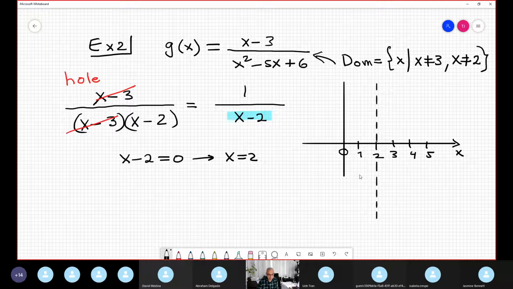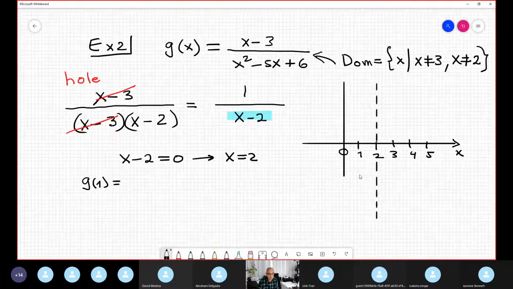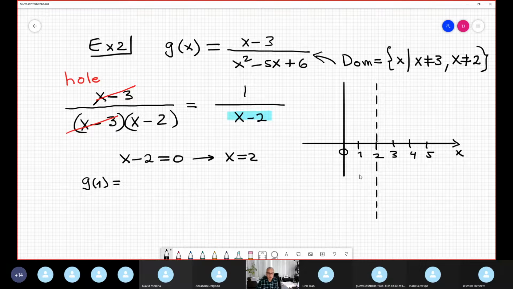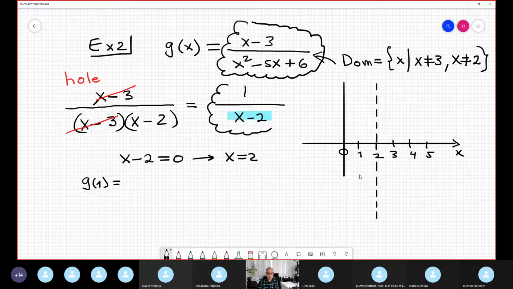Therefore, for example, I evaluate the function at 1. So the question is: do I plug in to the original or the new one? The new one is easier, because the answer is the same value. The expressions are equivalent except the hole that I deleted. So you write something like that: let me call the new one G1 of x.